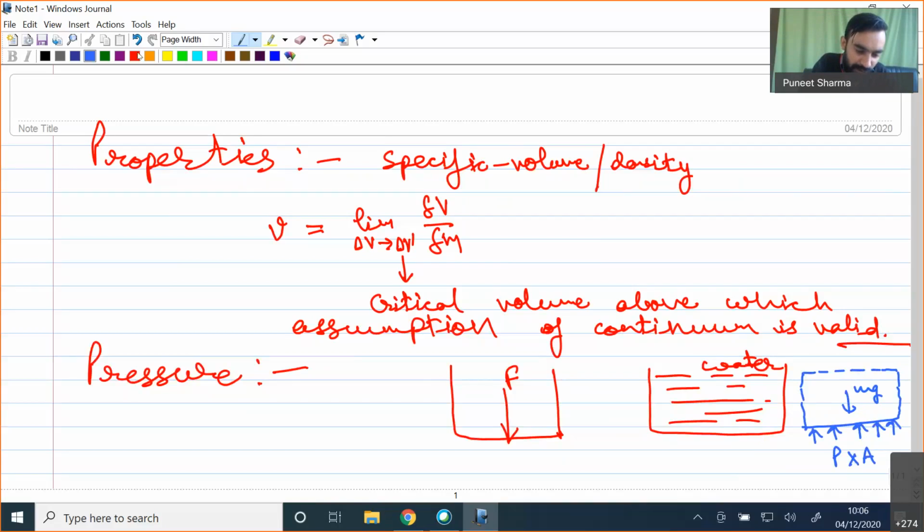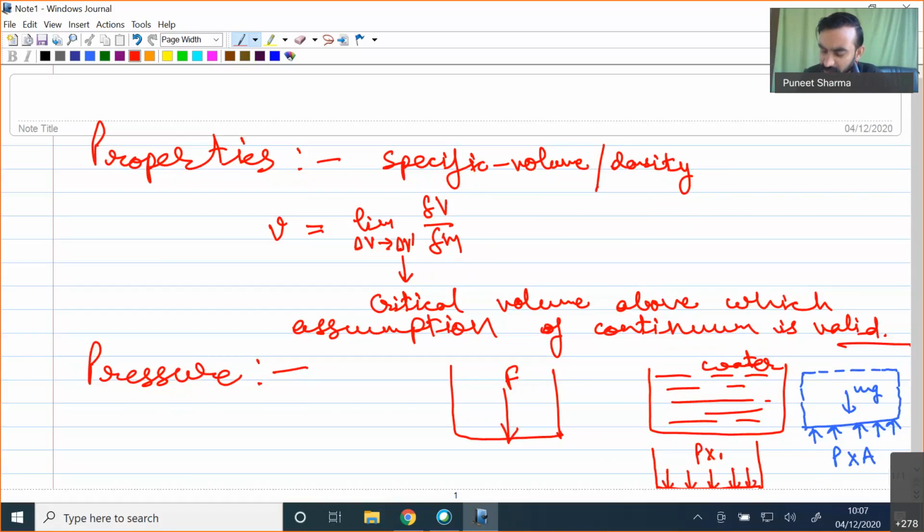Now if we draw the free body diagram of this container, whatever this P into A I have drawn over here, which is acting in upward direction on the liquid column, that same amount of force this liquid column will be generating on this container surface. Here you can see this P into A.